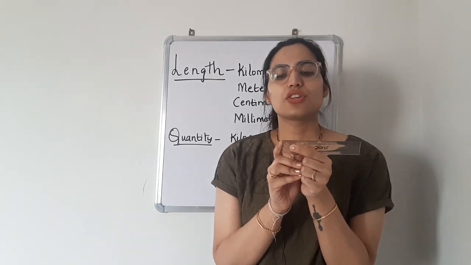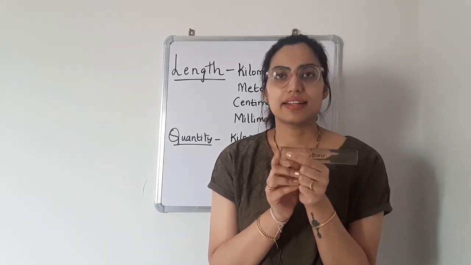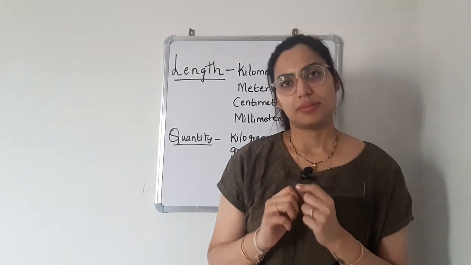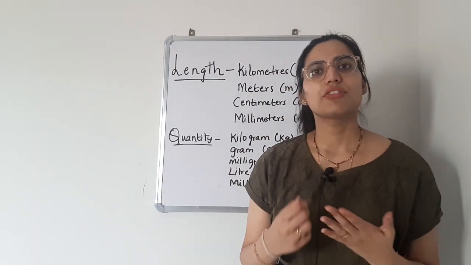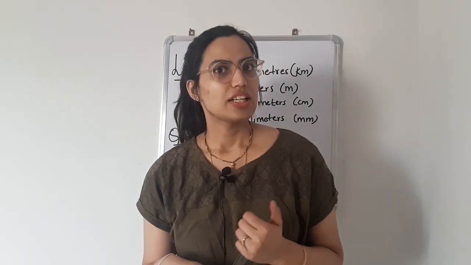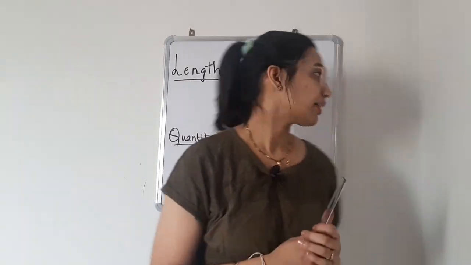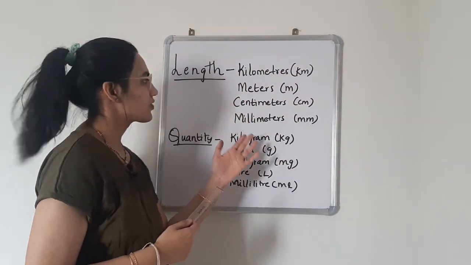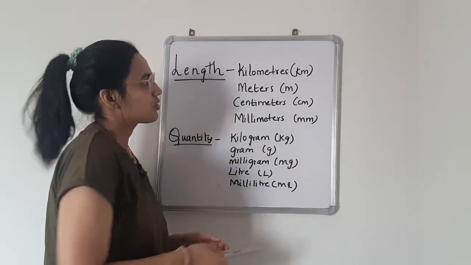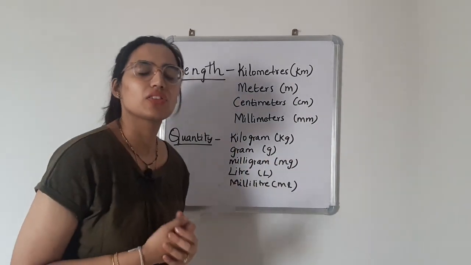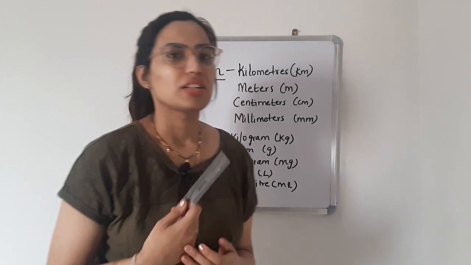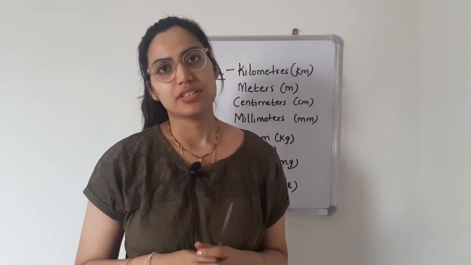So from 0 to 1 there will be 10 lines in between, and that is, 1 centimeter is equal to 10 millimeters. Now, the unit of measurement of length is usually done in kilometers, meters, centimeters and millimeters. You can also measure it in feet, inches, any form of measurement, etc.